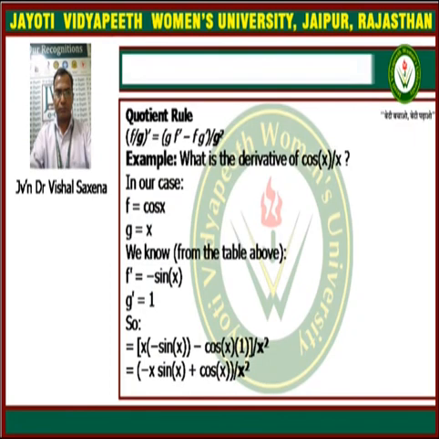The quotient rule for differentiation is given by, suppose there are two functions f and g, functions of the variable x. How can we differentiate f upon g, that is (f/g)'?